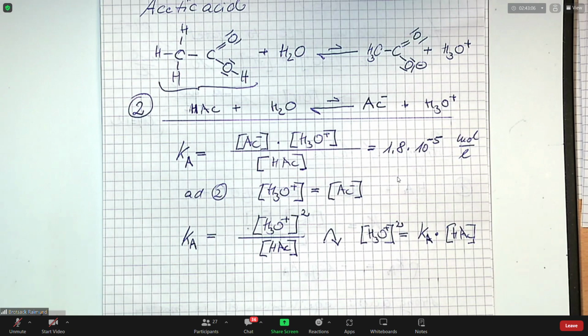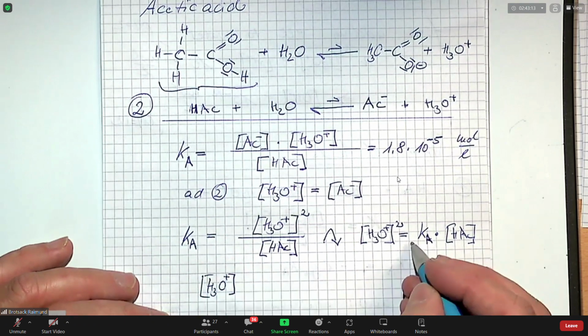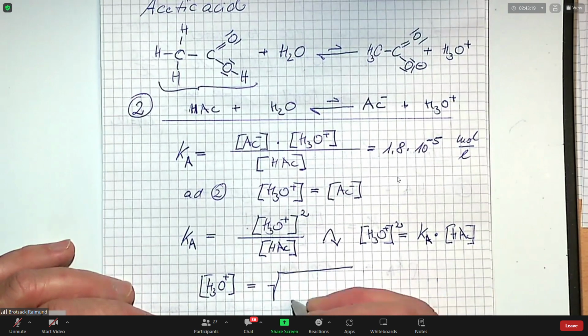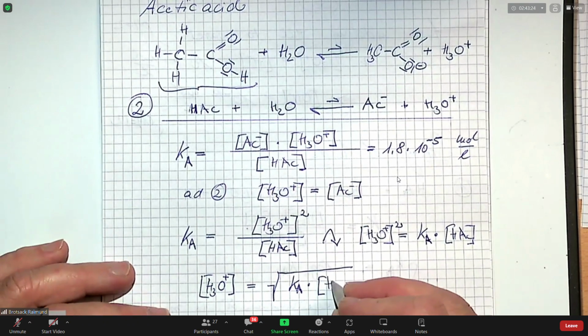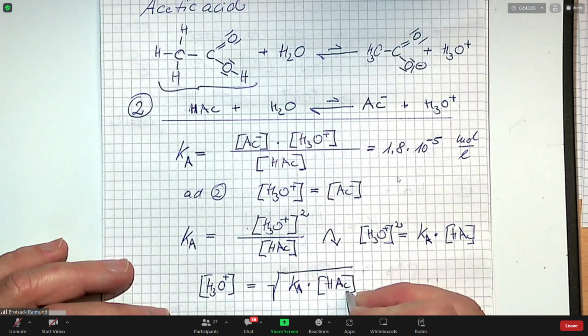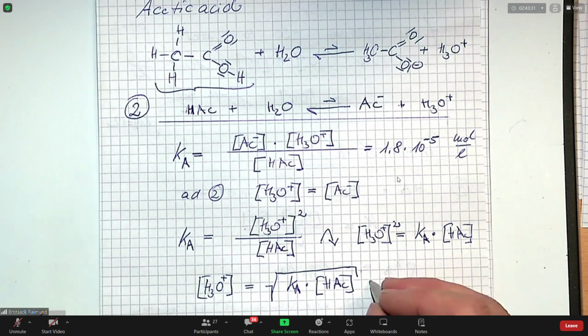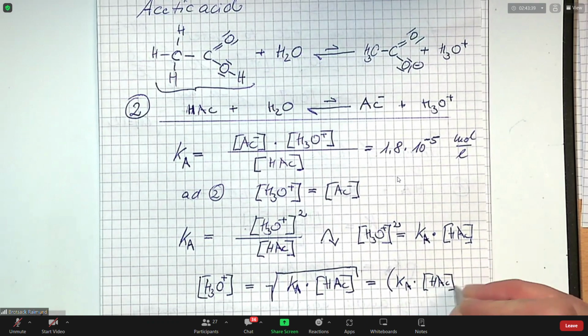That means the H3O plus concentration is the square root of the product Ka times the HAc concentration, which is similar to the product Ka times HAc to the power of a half.